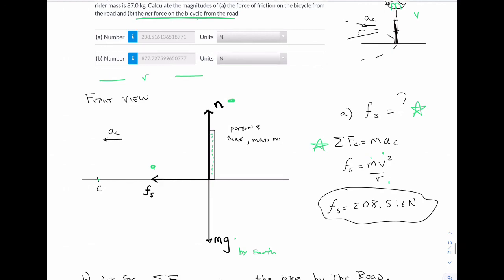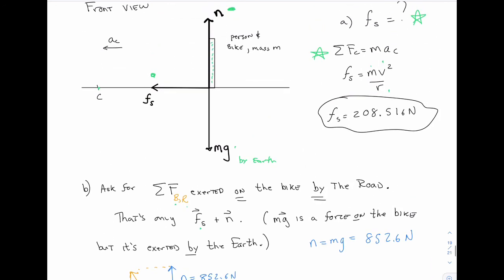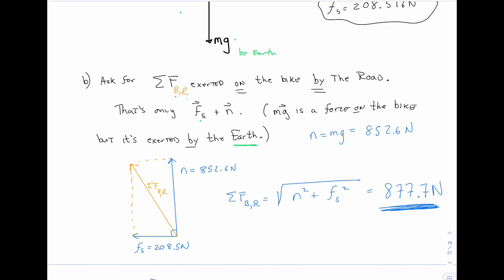So they want the net force exerted on the bike by the road. That's only static friction and the normal force, so they want the vector sum of those two. Remember, mg is a force on the bike that's exerted by the earth. So I took this picture up here and redrew it here, and essentially you just make a box.